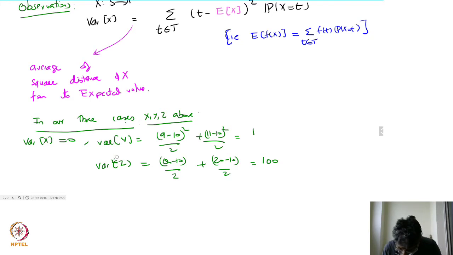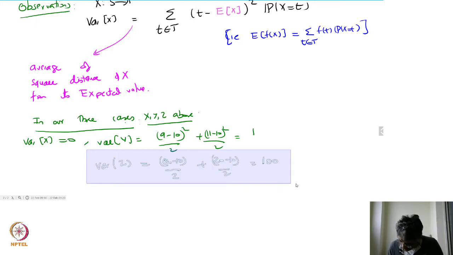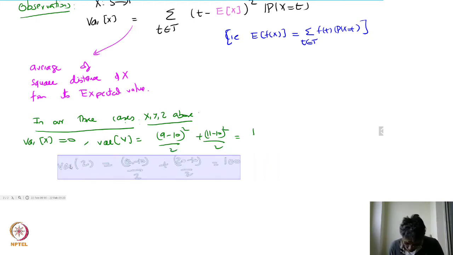So it tells you something's going on. So what does it tell you? These three observations are telling you how the random variables are distributed away from the mean.